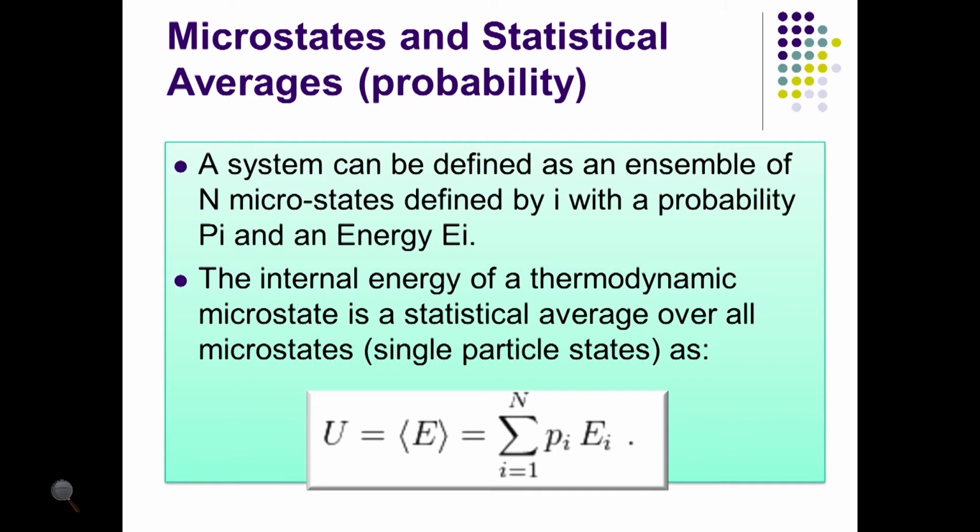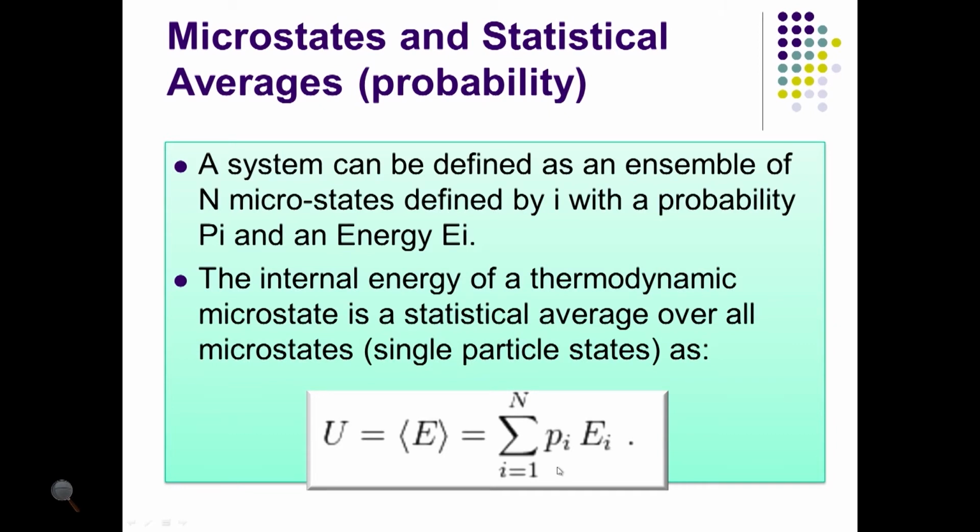So, U is the internal energy, and we understand that it is equal to the average of the energy of each particle and the probability that it occupies in the phase space. This is a summation of p_i, i being 1 to n, and the probability distribution function, if you normalize it, should come out to 1.0.